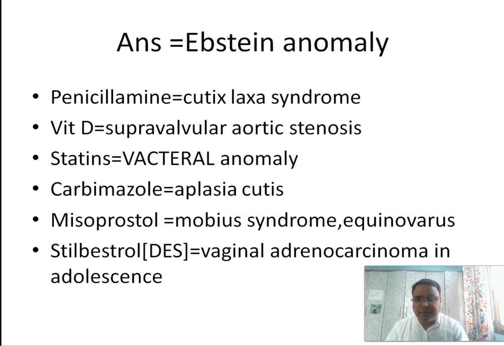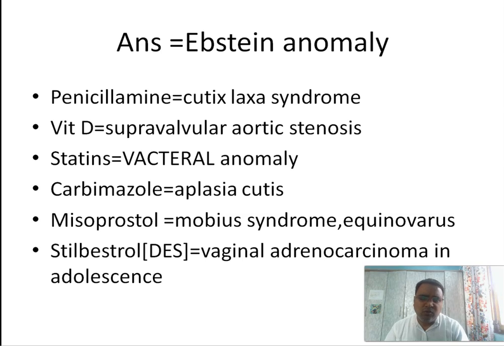If the mother is taking carbimazole, the condition we expect is aplasia cutis. If the mother has taken misoprostol, we can expect Mobius syndrome or equinovarus deformity. Similarly, if the mother is taking stilbestrol, vaginal adenocarcinoma is expected in the adolescent girl.